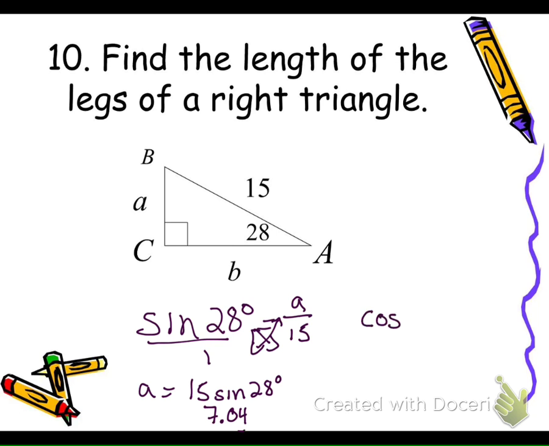So cosine of angle A, which is 28 degrees, equals adjacent B over hypotenuse, which is 15. Once again, we cross multiply. I end up with B equals 15 cosine of 28 degrees. And then that equals what value? 13 point what? 2.